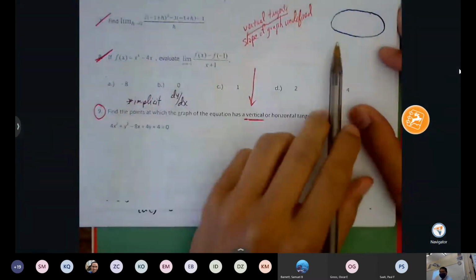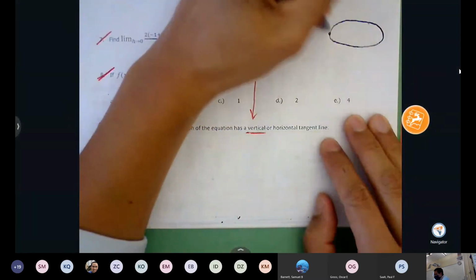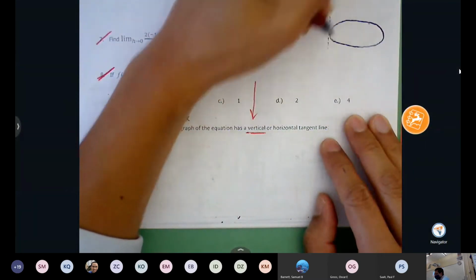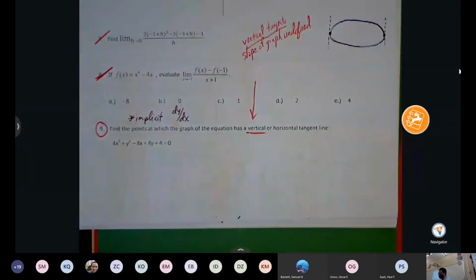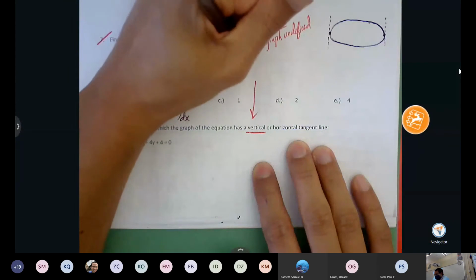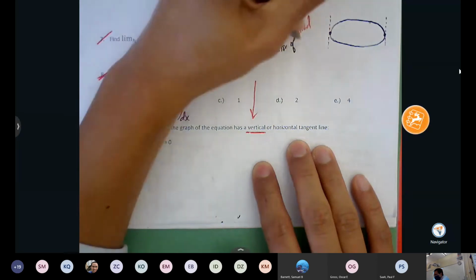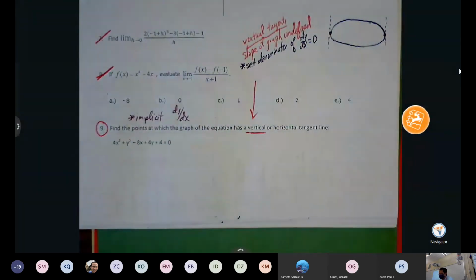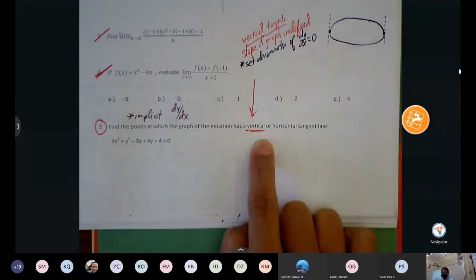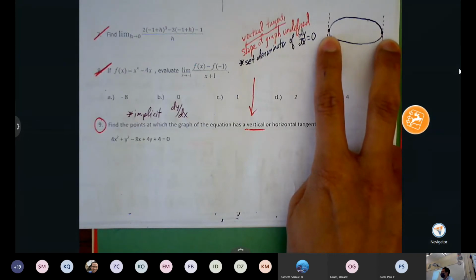Do you see vertical tangents here? Right, it's going to be here on the side. So this is how we find these vertical tangents. We're going to be setting the denominator of dy dx equal to 0. And when we solve for that variable, we're able to locate the places where these behaviors are occurring.